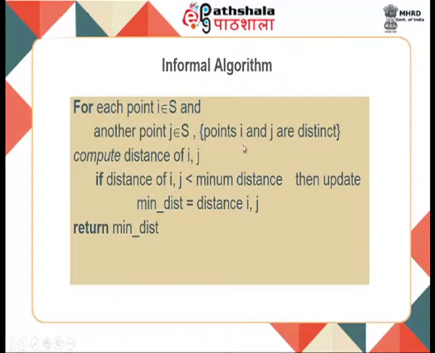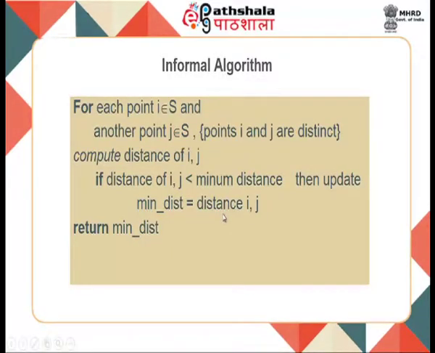Here we have taken 2 points i and j, and we put a constraint that the points i and j are distinct. Under those circumstances we compute the distance. Every time we compute the distance, we keep track of the minimum distance also.